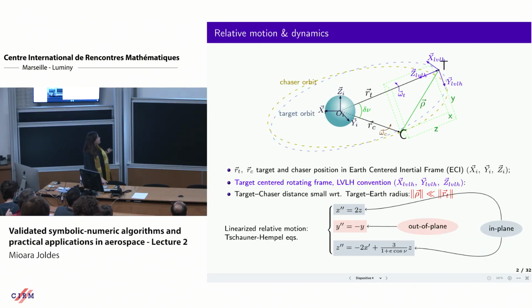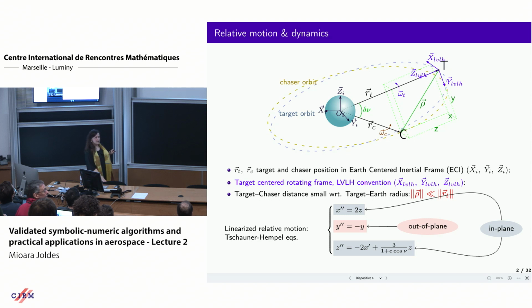And this problem was studied in different dynamics. In this case, we consider that the objects are relatively close to each other, and so we can linearize their relative dynamics. And with this linearization, we can decompose the motion into the in-plane motion. Both the chaser and the target are moving around the Earth, so they have an elliptical orbit.